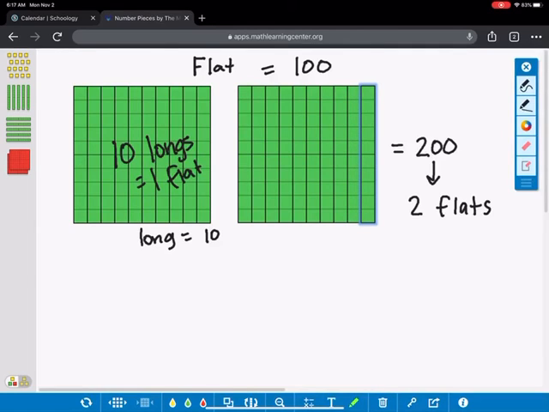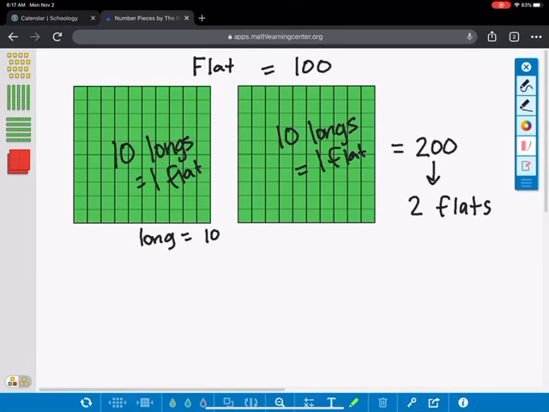Okay. So we have a total of 20 longs, right? So 10 longs plus 10 longs equals 20 longs.